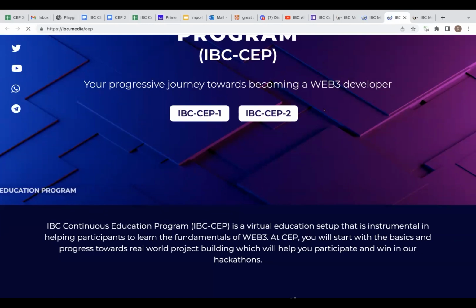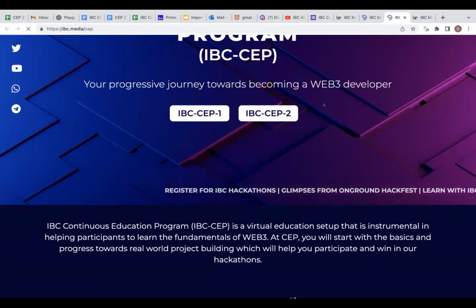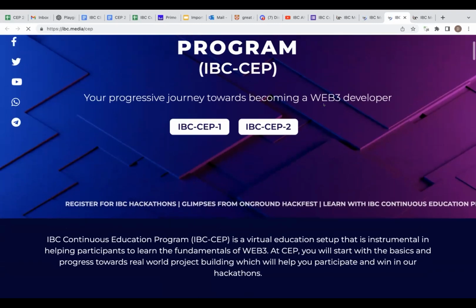So these kinds of incentives are a very small incentive. We are talking in a couple of thousands of dollars when you complete projects. So that's a very good experience. We are giving you an entire journey. You start with the basics, you move on to the technical sessions, and then you move on to the building sessions. If you dedicate yourself, with the right amount of hard work, I don't think anything can stop you.